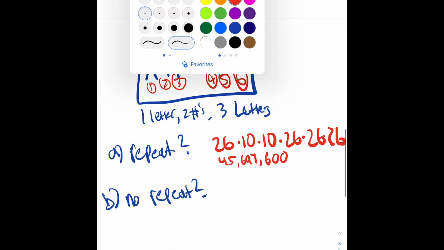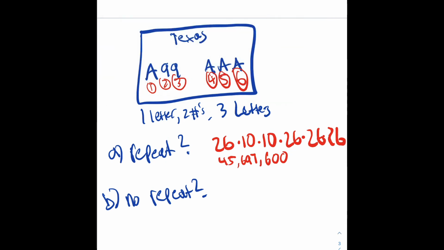But if we can't repeat, our first choice of letter still has 26, and our first choice of number still has 10. However, if my number was a 3, I can't choose 3 again, so I have 0, 1, 2, 4, 5, 6, 7, 8, 9. I only have 9 choices left. Same with my second letter spot.